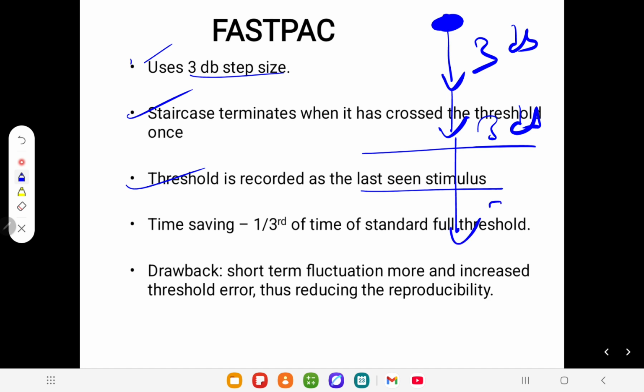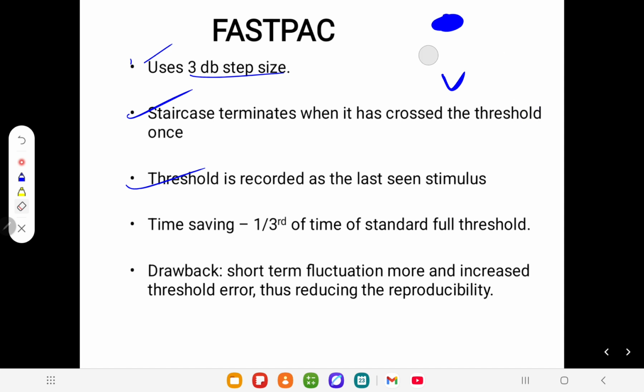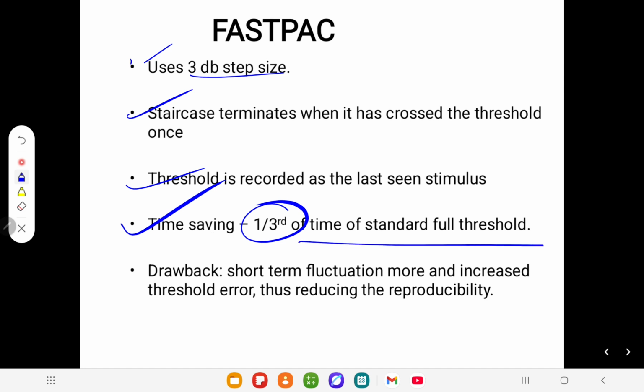Now it's unseen, so the last seen point is recorded as the threshold. Finished. It's just reduce and reduce and reduce, and whenever it's not seen, the last seen point is taken as the threshold. So it is time saving, one third of the time of full threshold. It's very fast, that's why its name is Fastpac, because time is saved.